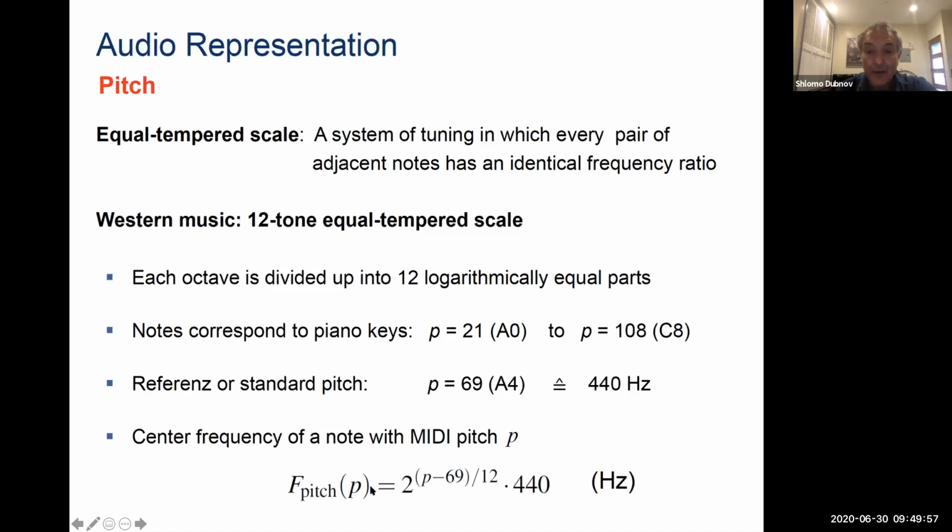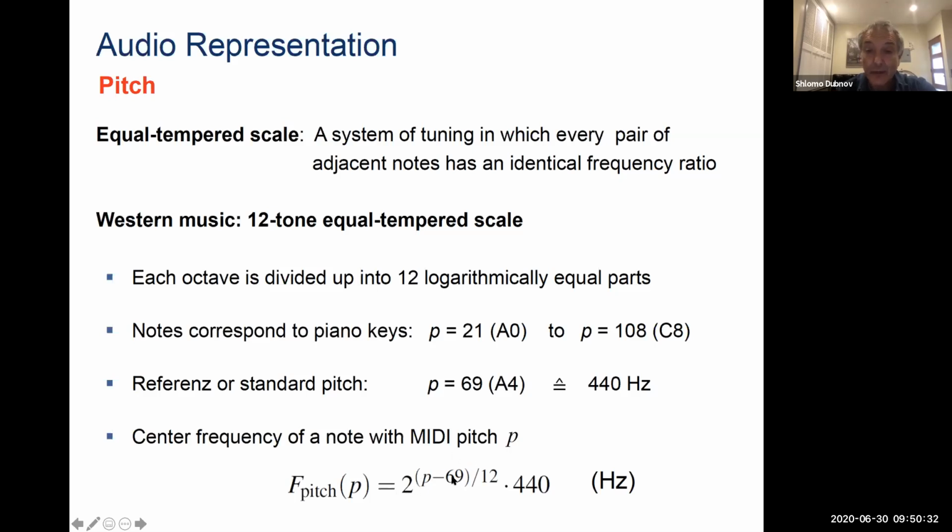Now, if we go 12 steps up, let's go up just because it's easier, but you can go down as well. 69 plus 12 is 81. So if we put here 81 minus 69, we have 12. 12 divided by 12 is 1. So basically we double the frequency.